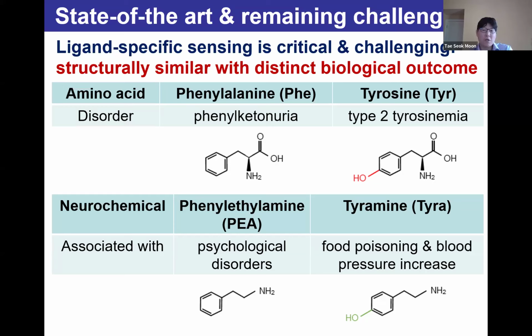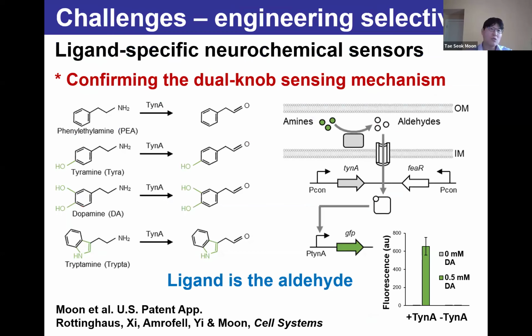If our sensor in the clinic cannot differentiate between these two, and you just have food poisoning and go to your doctor's office, your doctor may say you are crazy because of misdiagnosis. So that should, of course, be prevented. We tried to develop some specific sensor for 2 years.